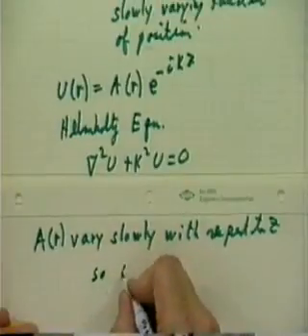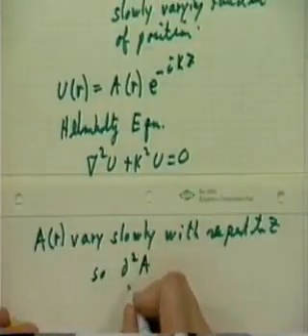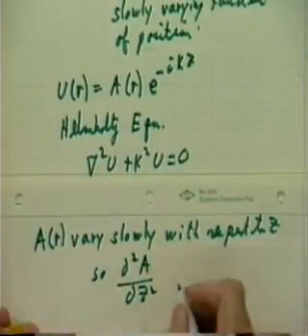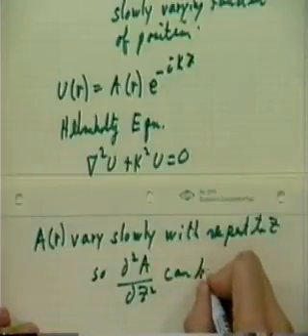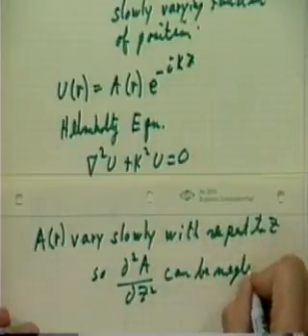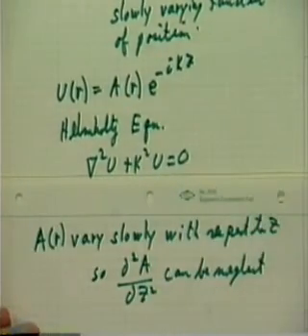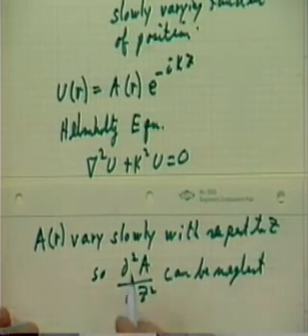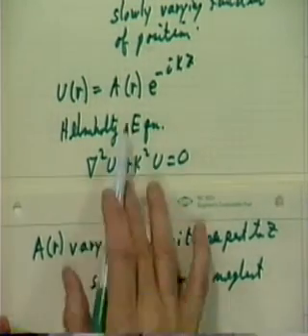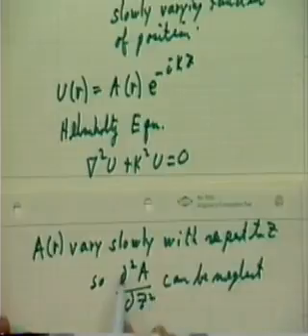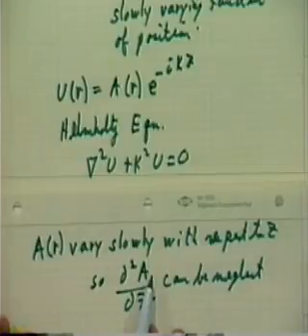So there's a term, the second derivative of A with respect to z squared, that we'll be able to neglect. Maybe I better wait until next class, about out of time here. We're just going to plug this into the Helmholtz equation, throw away this term, and if you come back on Tuesday morning, you'll get to see what the answer is.